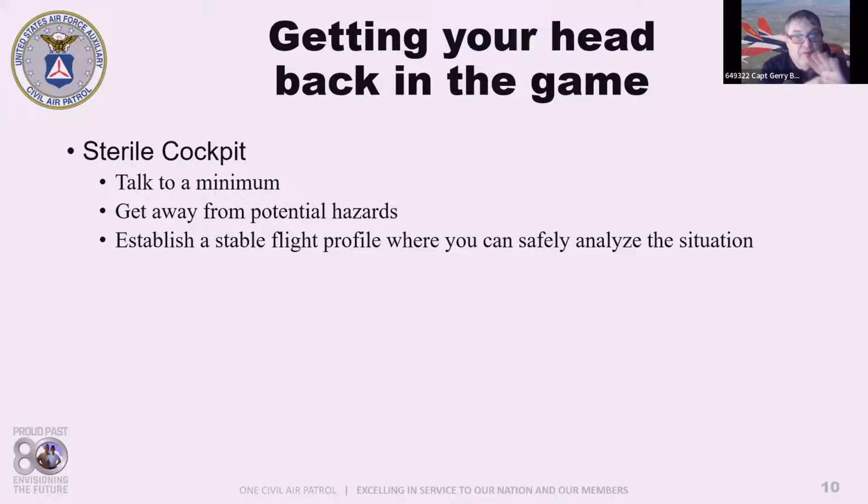This helps remove distractions and keeps everyone focused on the important things. You don't want to be chit-chatting as you're bringing that bird back. Right? Because what happens if you're chit-chatting and then all of a sudden, as you're bringing that bird back, something happens and you're not focused on the landing itself. And of course, you're always prepared to have that open communication in the event of an event.